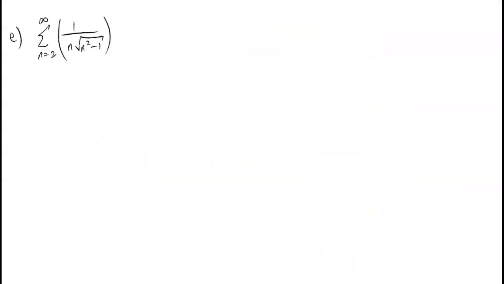For our next example, we have this series, and of course, it does check all the boxes as far as the 1 and whatever the denominator is both having positive values. By default, our a sub n is just going to be whatever the sequence is that forms this series in the first place.